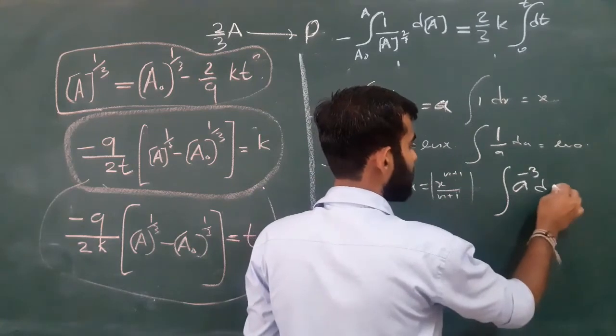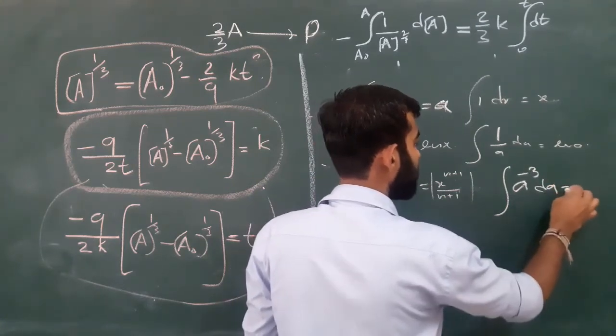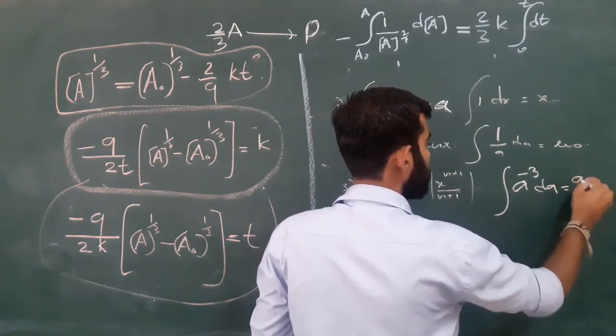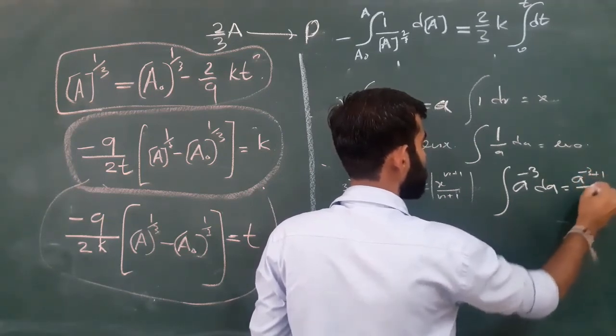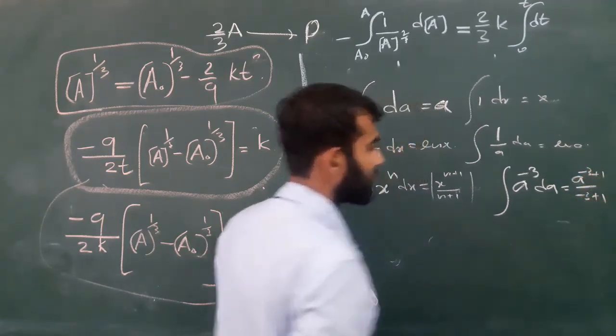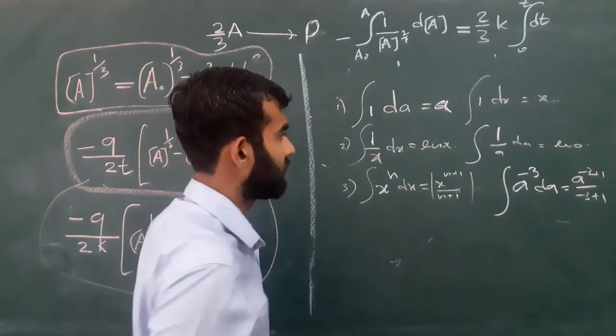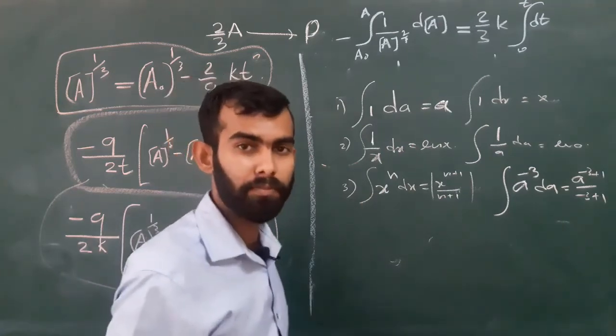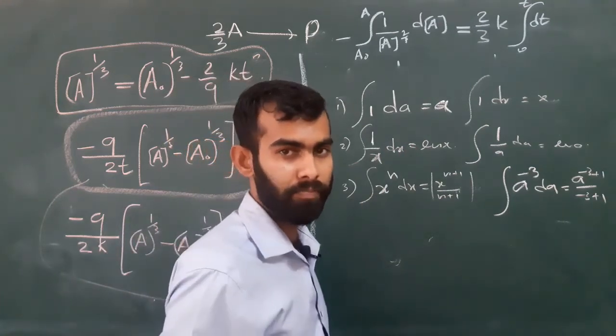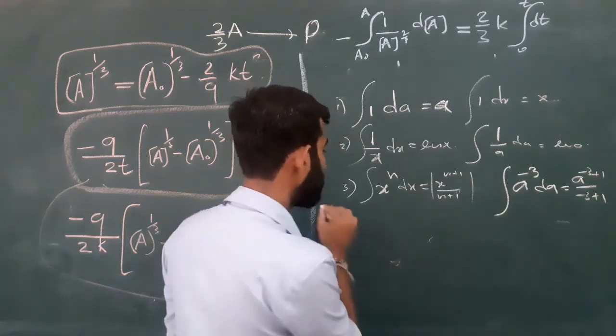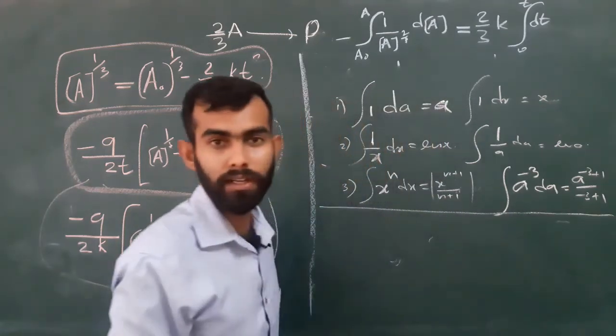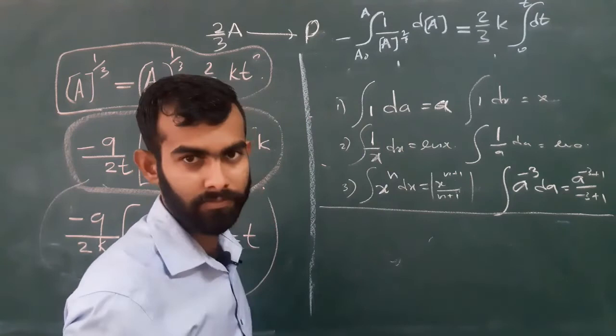So I integrate by dA, answer will be a to the power minus 3 plus 1 divided by minus 3 plus 1. Okay, that's the third thing. These are the very important integration parts we are using in chemical kinetics. If you know these three things, everything you can calculate.